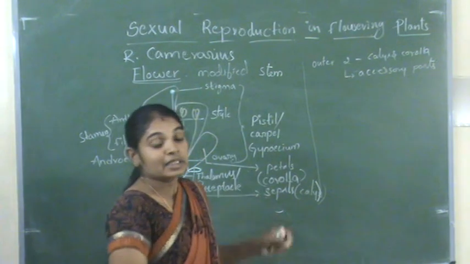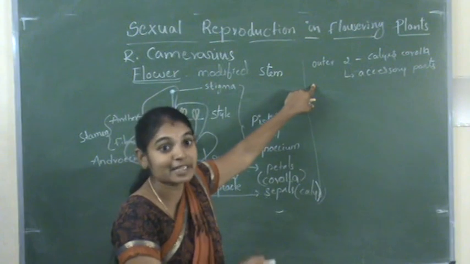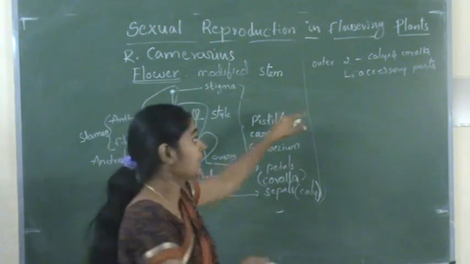Accessory parts means they do not participate directly in sexual reproduction, but they help in sexual reproduction.